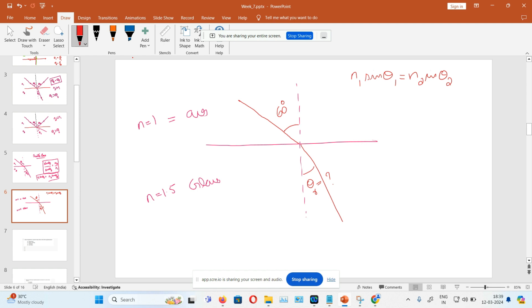So n1 is 1, sine theta 1, theta 1 is equal to 60 degrees, equals 1.5 sine theta 2. So what will be sine 60 degrees? Sine 60 degrees will be root 3 by 2.